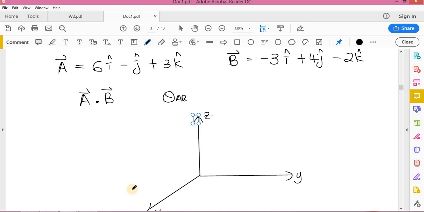Negative 1, positive 3k, so it might be here. So this one might be your vector A. How about vector B? Negative 3, you will move in this way, plus 4j here, and minus 2k. Maybe the point will be here.